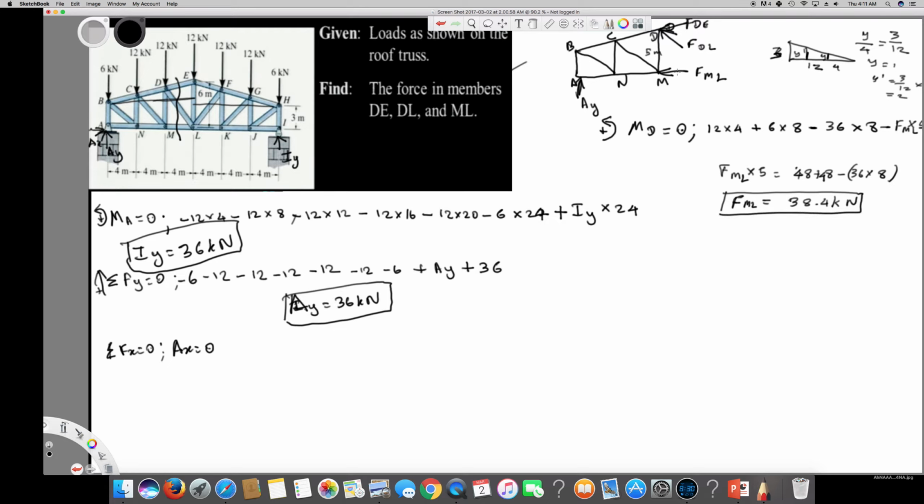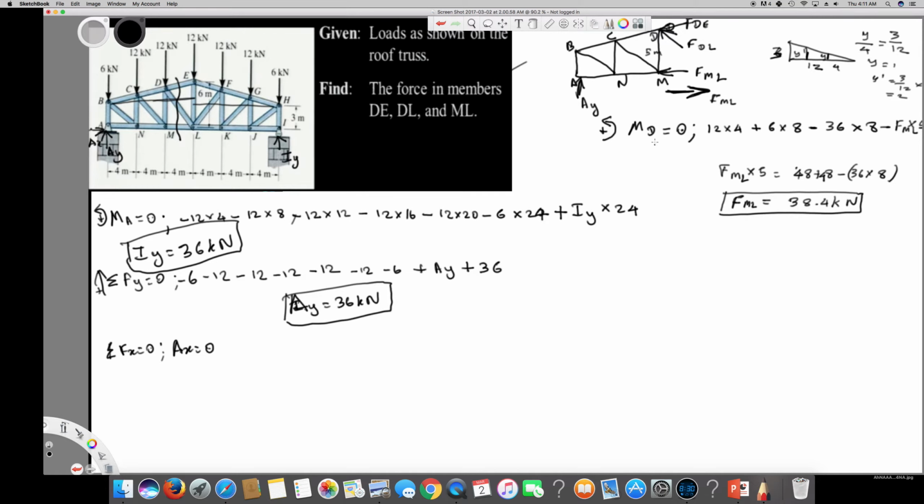So FML is actually going in this direction. That's what we figured out. 36 times 8, and it's divided by 5, and we got it. So this is FML's direction, the original direction.